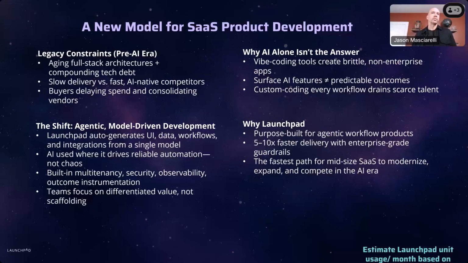We see pre-AI era companies, mid-tier SaaS companies or startups that have traditionally done full stack development, and they're seeing lots of tech debt accumulate. They're seeing their development and delivery cycles slow down. And at the same time they're seeing these fast AI native companies at the top end of the market hitting numbers like $100 and $200 million in revenue within one, two, and three years.